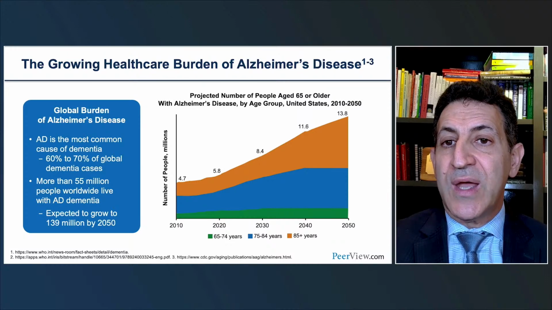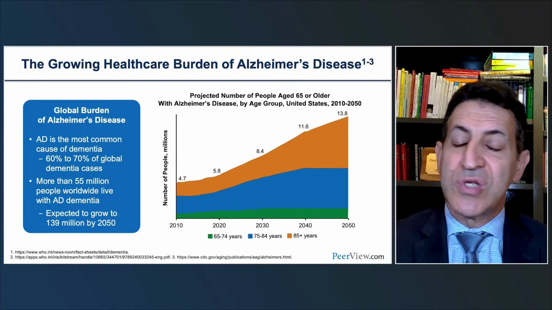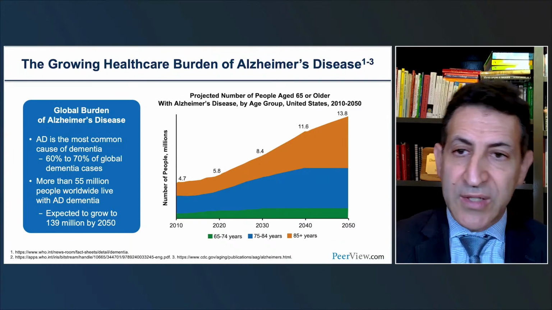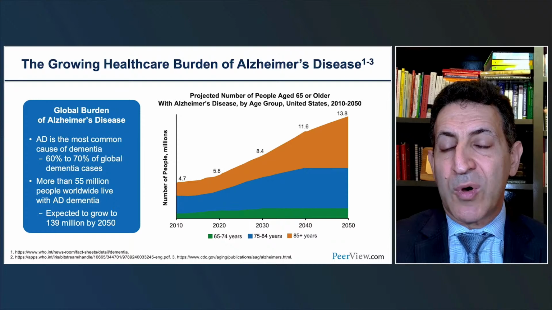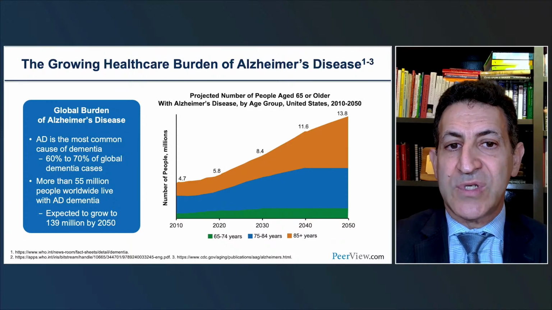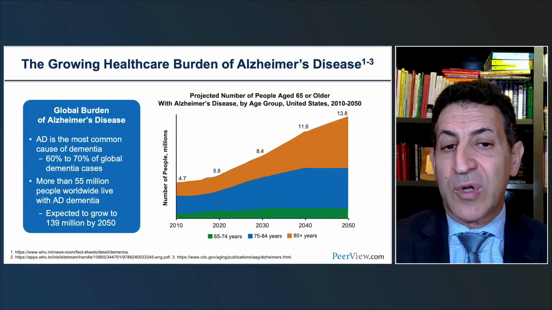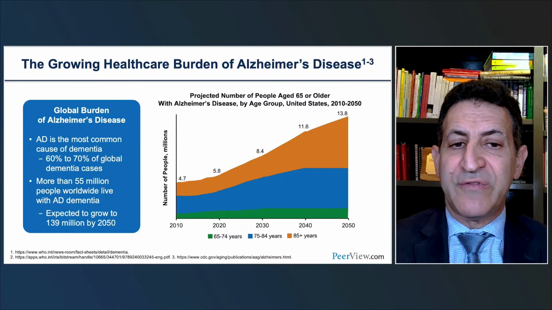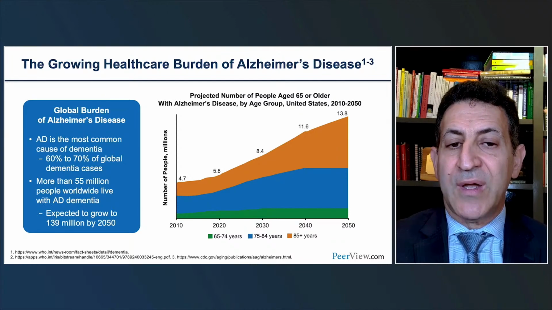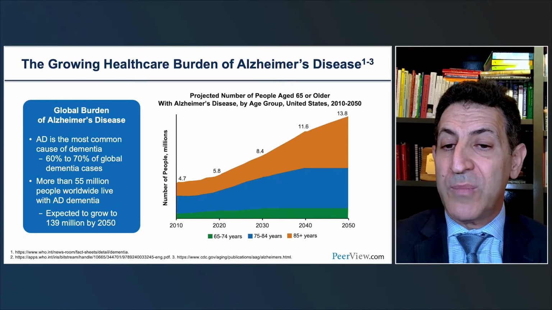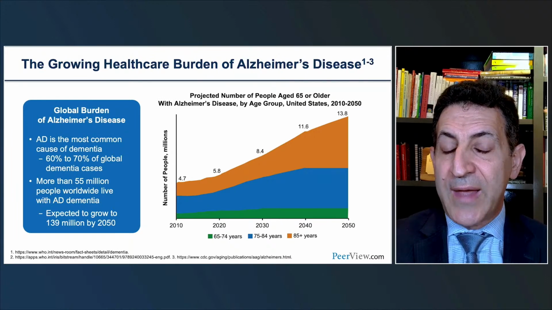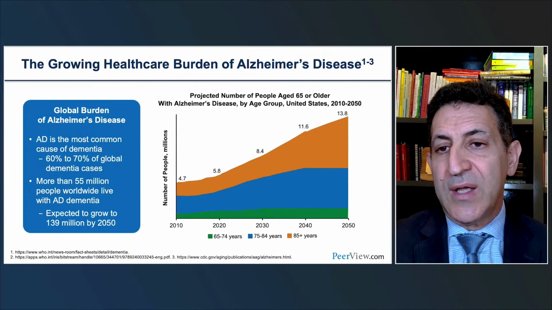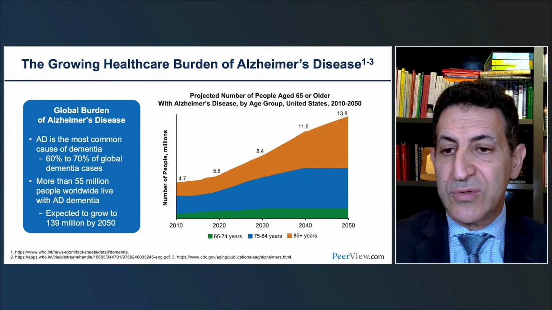When you look at a categorical definition of dementia being a cause associated with functional impairment related to cognitive impairment, you understand that the number one cause of the categorical definition of dementia is Alzheimer's disease, constituting 2/3 of all dementia in the world. And when you look at it from a global burden standpoint, we're talking about 55 million people in the world have it, which will grow to almost 140 million by the middle of the century. And as you see on the right-hand side, the number one risk factor continues to be age.